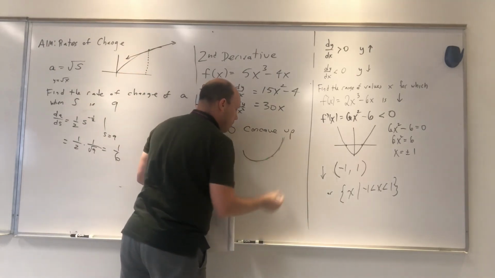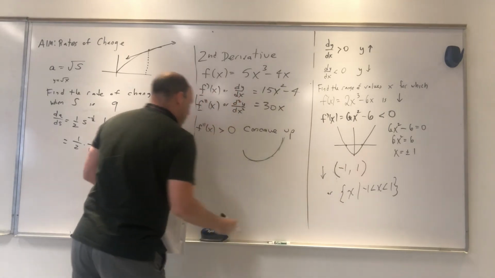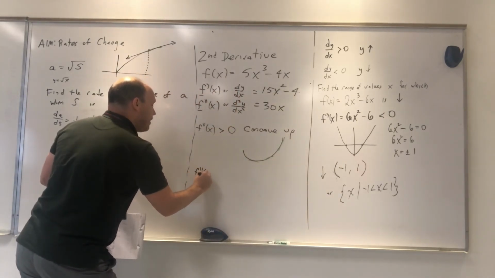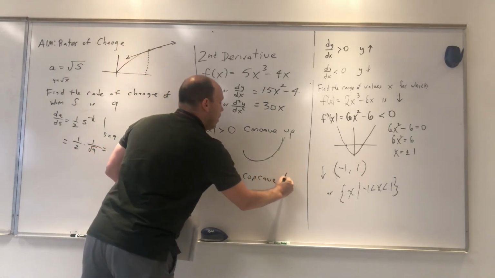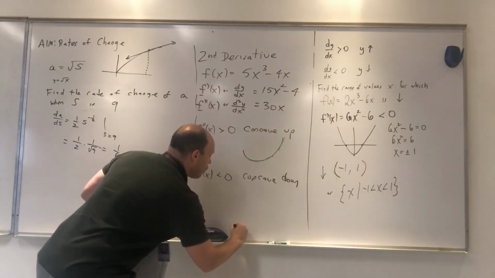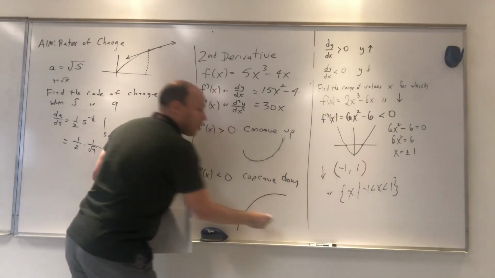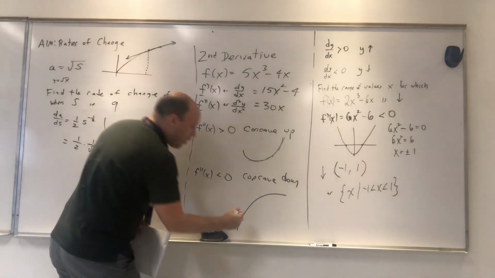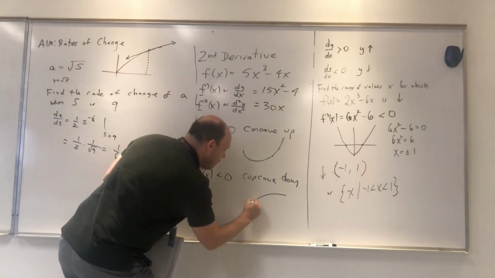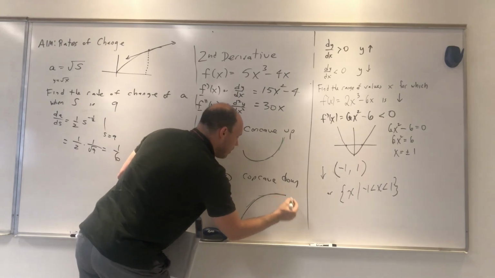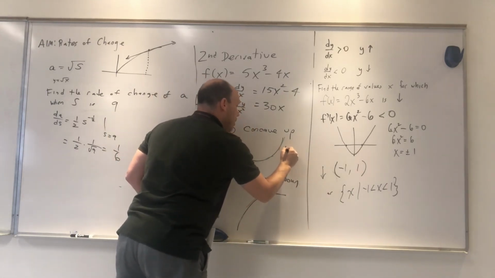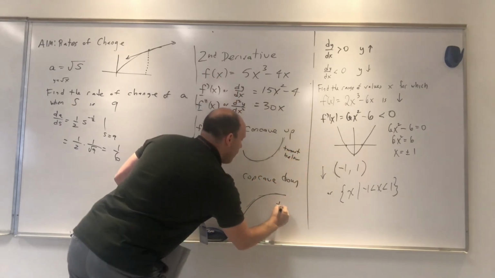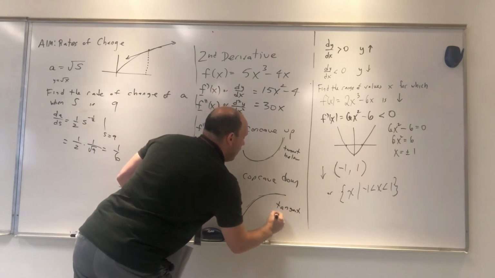Kind of interesting. If the second derivative is negative, we say it's concave down, and the curve actually looks like this, where the tangent line, or the surfboard, is above the curve. So the tangent is below for concave up, and above for concave down.